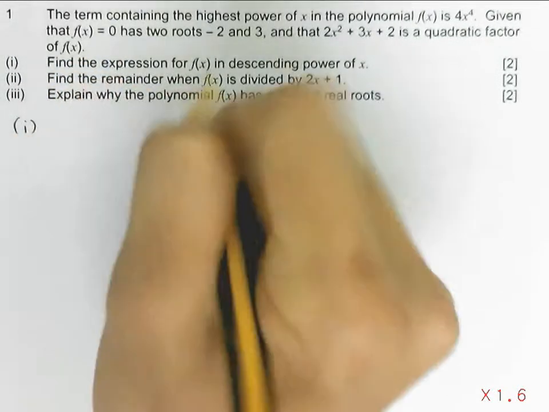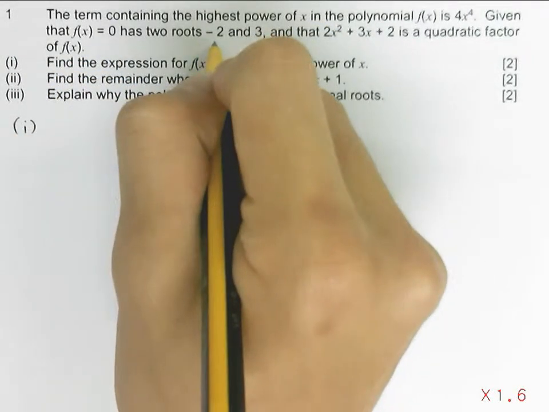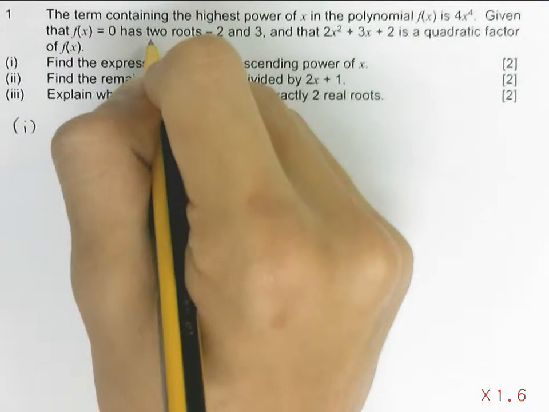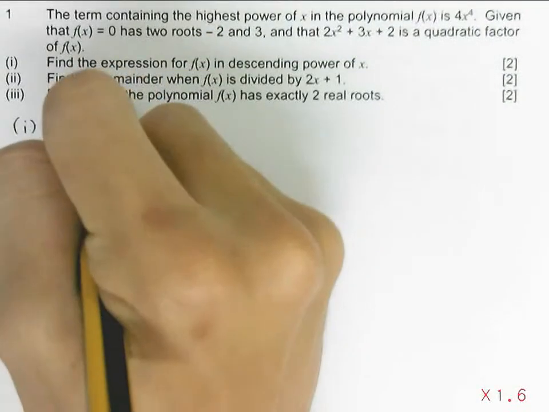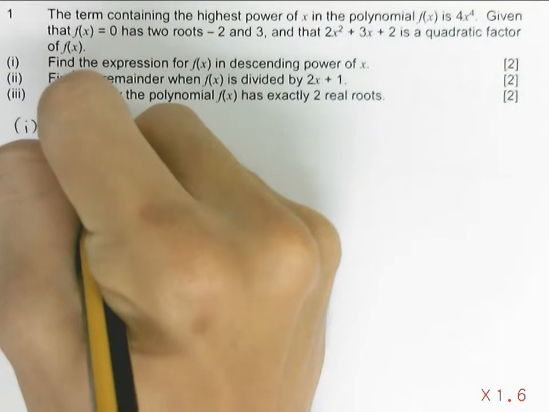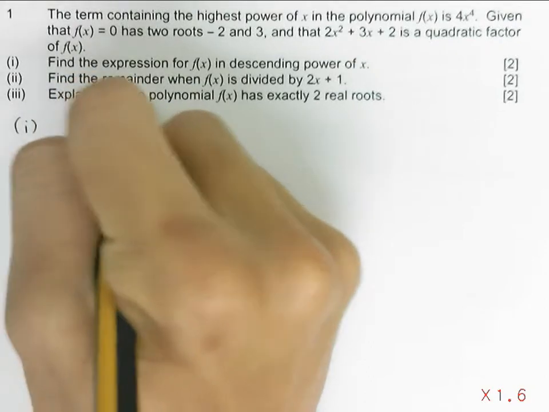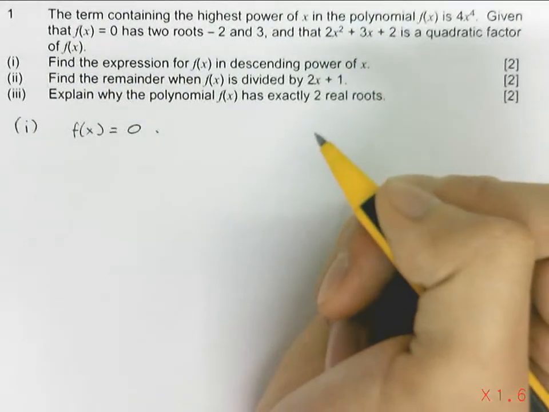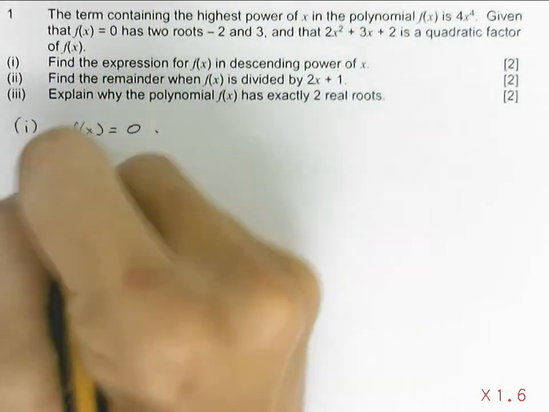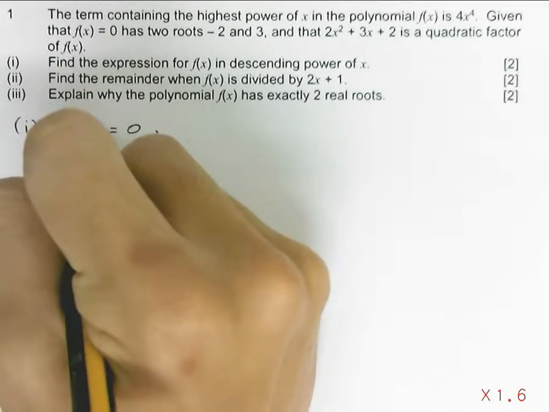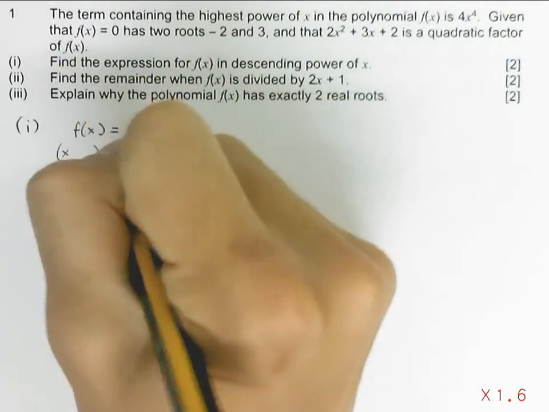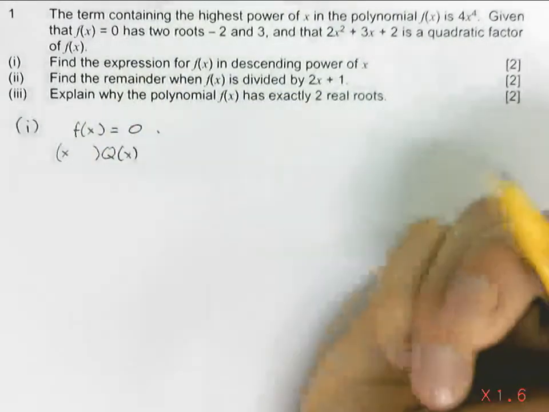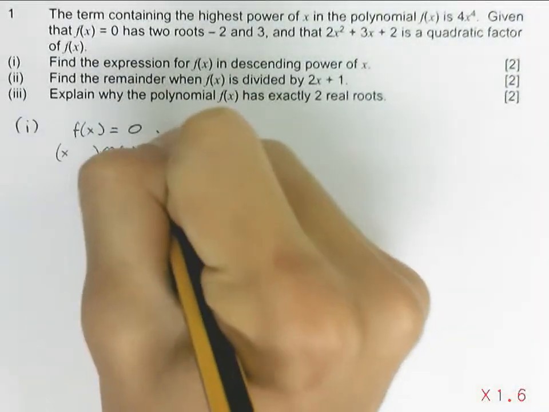So we have to show that -2 is a factor. Now f(x) can be written as a factor multiplied to a quotient and a remainder.